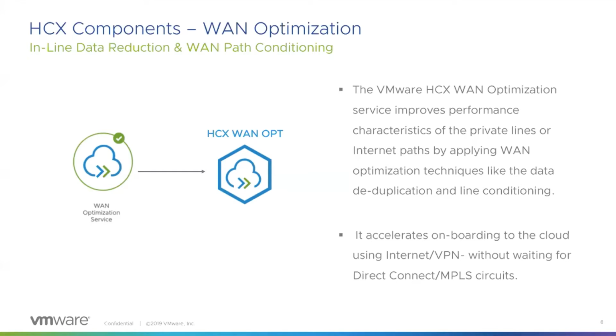It's a VM that only communicates with the WAN Interconnect. So WAN Interconnect will pass the traffic to the WAN Optimizer. The optimizer will do the deduplication and compression and pass the traffic back to the WAN Interconnect to be sent to the target site. So these two VMs are always residing on the same host on the same data store.